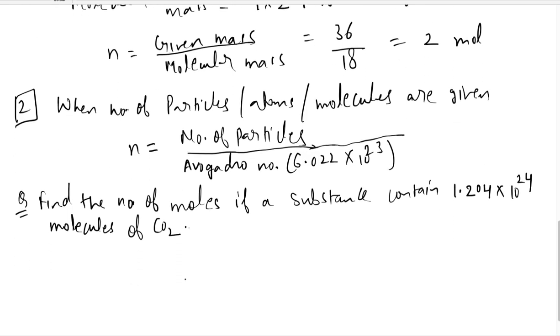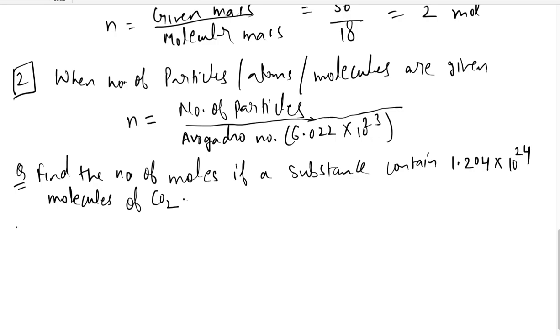Okay. So the answer would be, here we need not calculate the molecular weight, because the number of molecules is given. So we just have to divide by Avogadro number and we will get the number of moles. So it's a straightforward question. So n will be the number of molecules divided by Avogadro number.